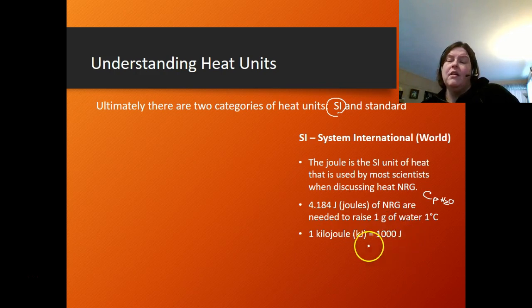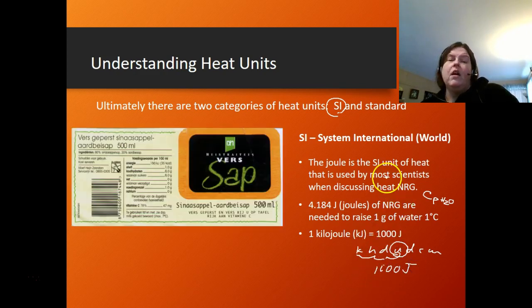So this is just the mnemonic "kings have dungeons under dark castle moats," where the joule is the base unit and the K is here. And so if we go here, we go 1, 2, 3, which means we have 1,000 joules. Okay, we see this very often in European labels. So if you look at this label, I believe is Germanic, something like that, Dutch maybe.